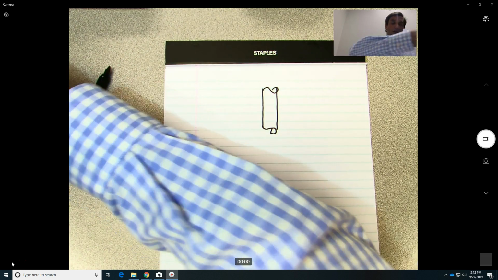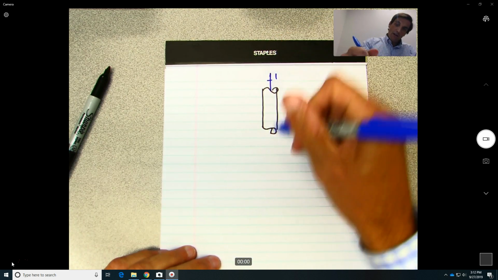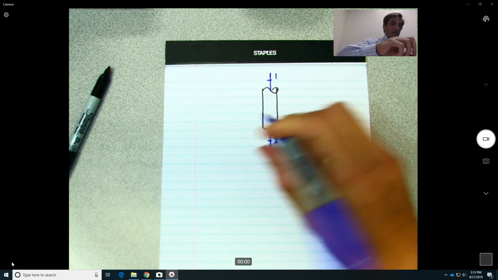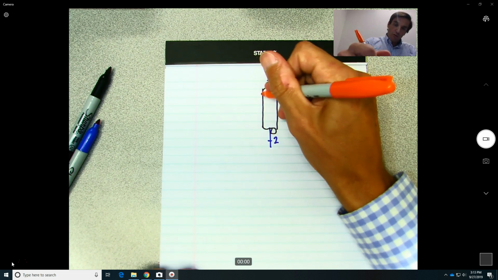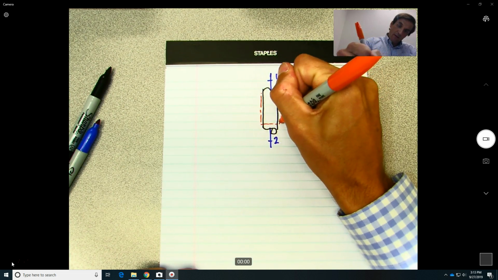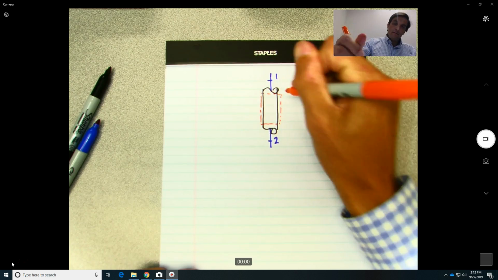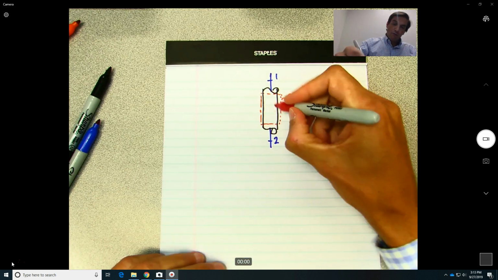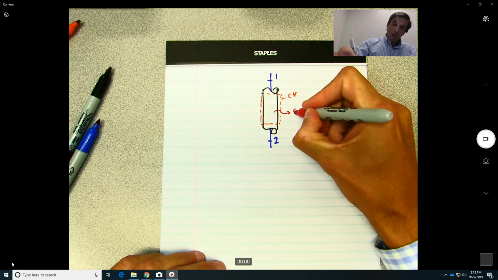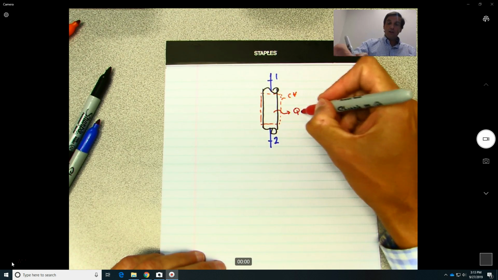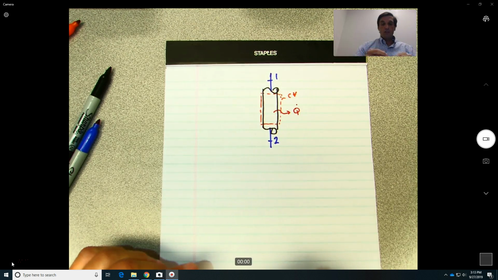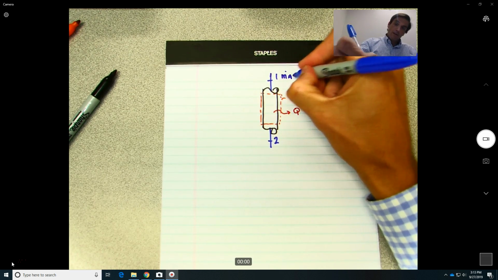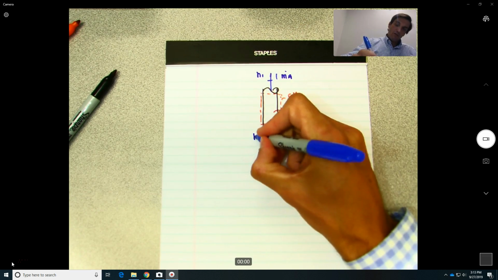So in this case, I'm going to have here 1, 2, and then this time I'm going to select as my control volume this one over here. This is my control volume, and what we need to find is the amount of heat that goes from the air to the refrigerant. So it will be our Q dot, and here will be M of air, H1 and H2.